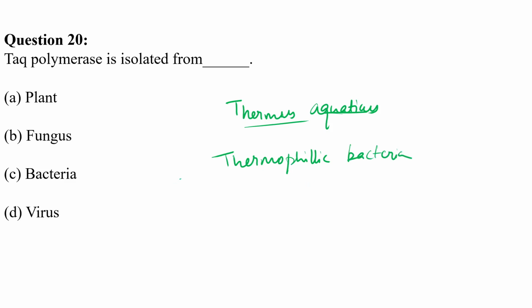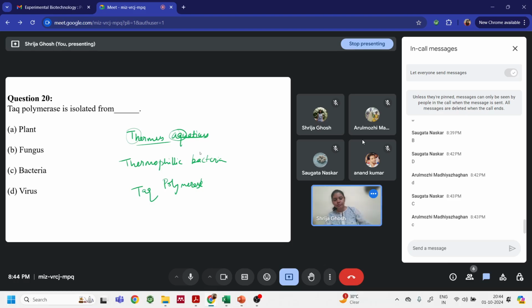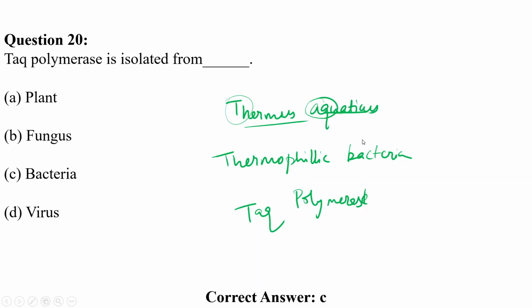Taq basically comes from T of Thermus and AQ of aquaticus. The DNA polymerase of this organism is named Taq polymerase, or Taq DNA polymerase. So option C is the correct answer.